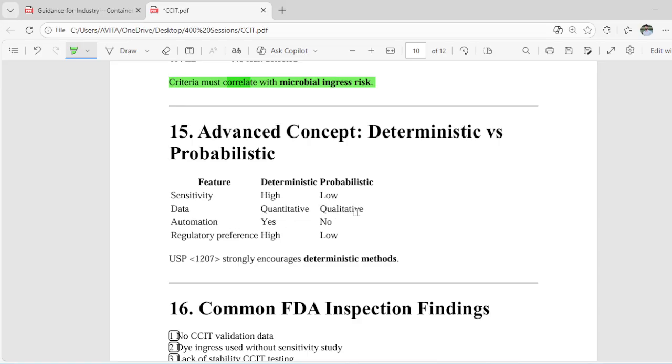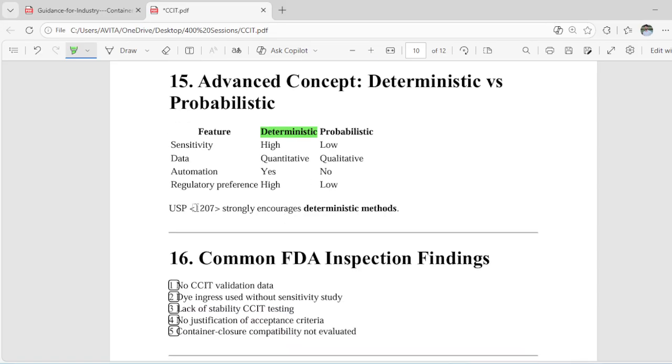So here we could only determine whether it is pass or fail, but with deterministic we'll also get to know to what extent this microorganism or particular dye has entered into our final product. Then automation could be possible with the modern method, but not with the traditional method. And regulatory preference is obviously to go with the modern deterministic methods, and they prefer not to go with the probabilistic method.